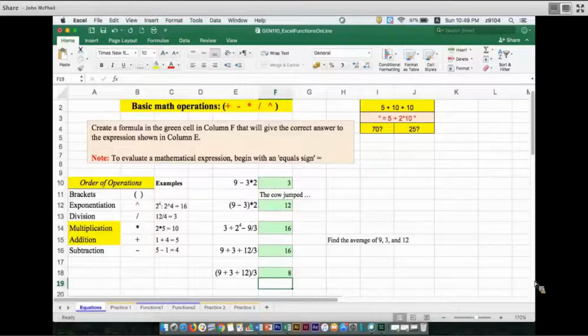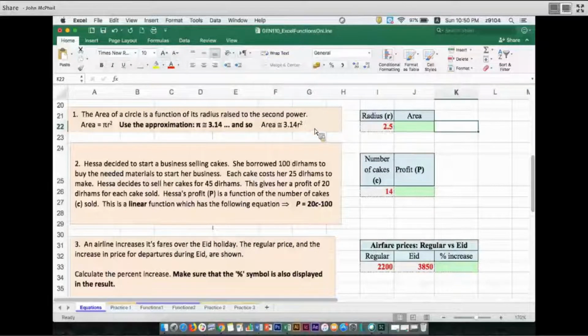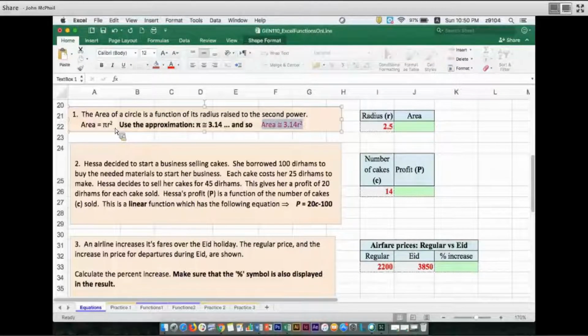Carrying on, down below, there are some formulas that we're going to work with. To find the area of a circle, there's a formula we can use: pi times the radius squared, radius raised to the power 2. We will use 3.14 as an approximation to pi.